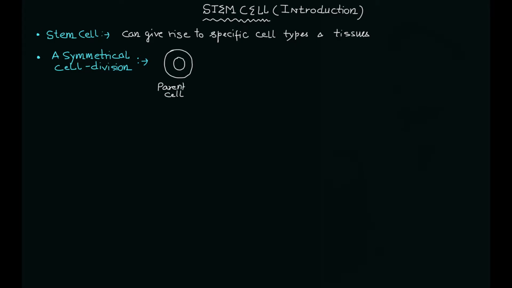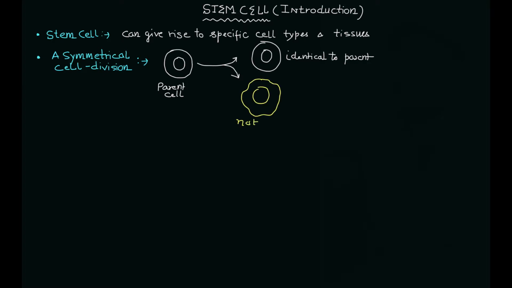Just imagine this is the parent cell, this is the parent stem cell. What will happen during the asymmetrical cell division? You will get one cell which is identical to the parent cell, and you'll get another cell which is not identical to the parent cell. And that cell is going to follow the path of differentiation. That means it will become a specific cell type or a specific tissue.